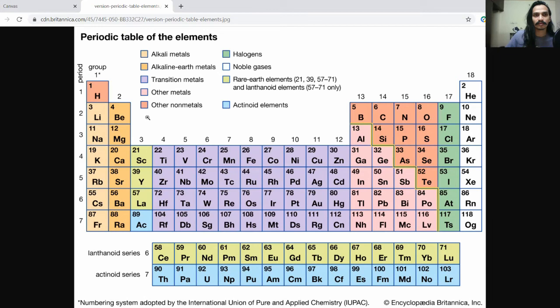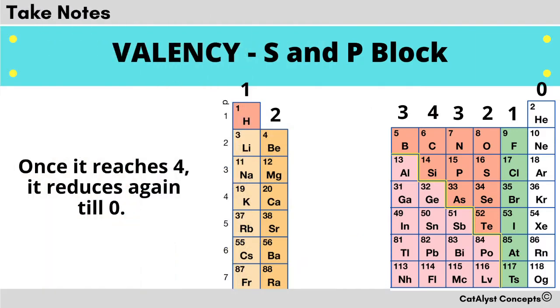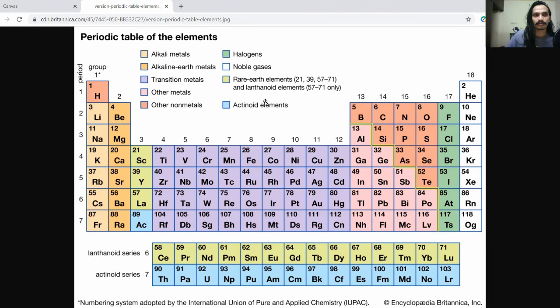Now, this is the trend in valency across a period. It will increase all the way up to 4, and then reduce from 4, 3 to 1. The first half are all positive valencies, the second half are all negative valencies.